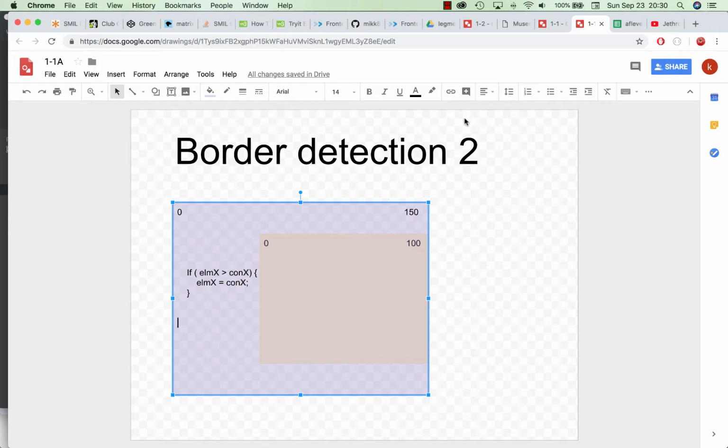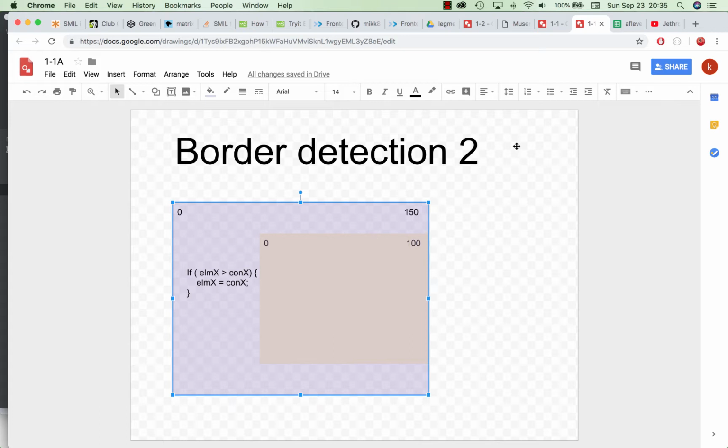So how do we know that? Well, we know that this is 100. We know that the element has to be relative to the container. So if we count down 150 from 100, it will be -50.